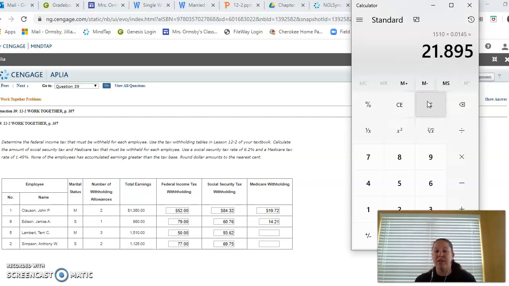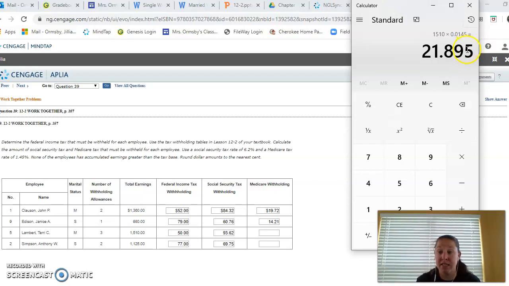All right, so in this situation, it gives us 3 numbers as a decimal. And what we need to do is round to the nearest hundredth, or to the nearest penny. So right now it's $21.89, but if the number in the thousandths spot is a 0, 1, 2, 3, or 4, we just let that number fall off.